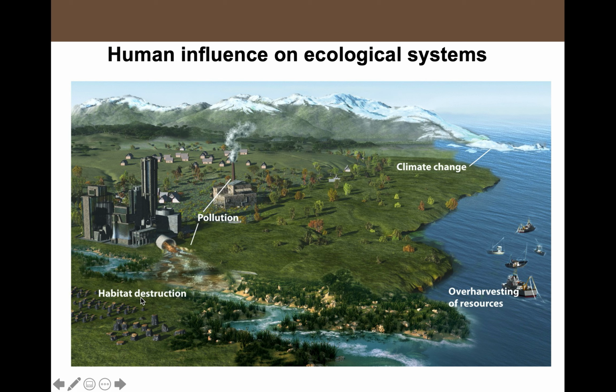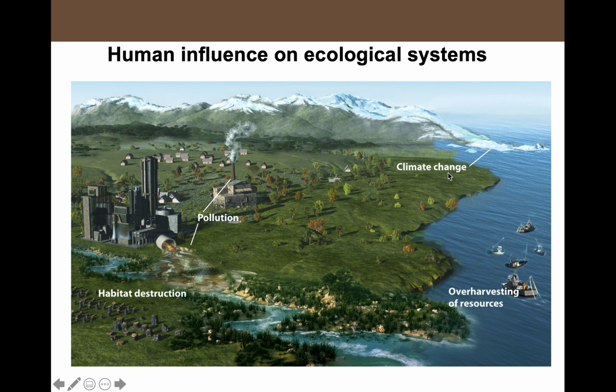Habitat destruction is actually the number one threat to biodiversity loss right now. So the loss of rainforests and the loss of grasslands are very detrimental right now to species loss.